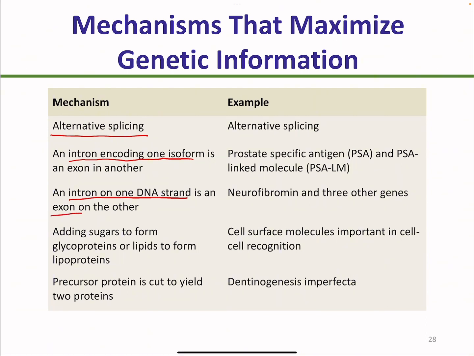We have post-translational modification of the protein, and these are two: one is the addition of a sugar to form glycoproteins, the addition of lipids to form lipoproteins, and finally, the last post-translational modification is the production of a precursor protein that is going to be cut to actually produce two proteins at the end of the day.